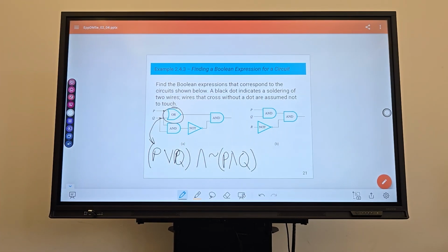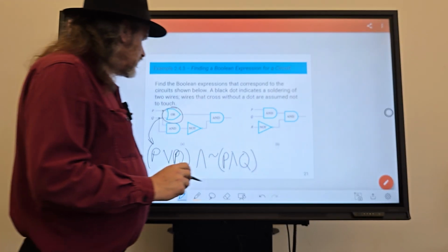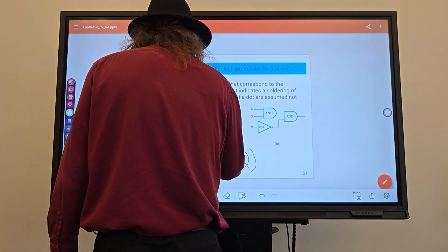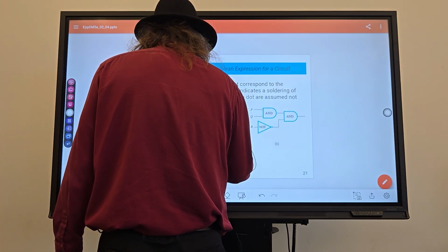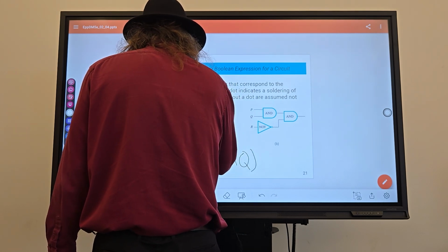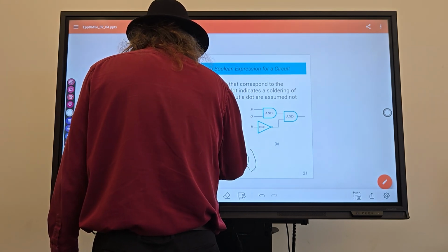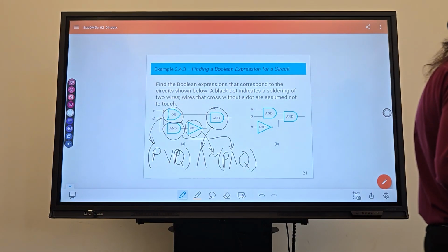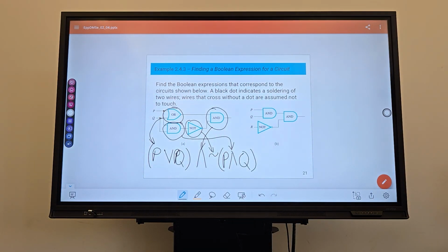So for this one, let me annotate this a little bit. There we go. So you can see where the various gates correspond to the connectives.